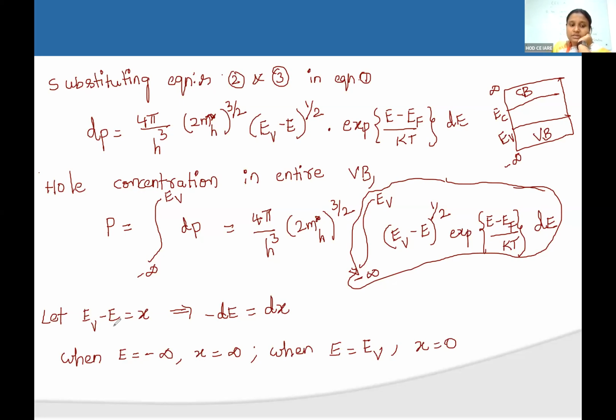From this expression, E will become E_V minus x. So I have to substitute all this in this integral. After substitution, what will we get? I'm going to make all this substitution. I hope you are able to understand, students.